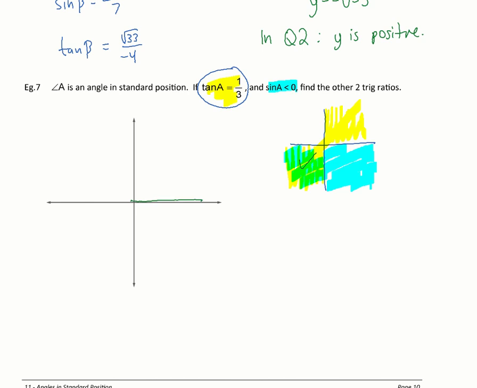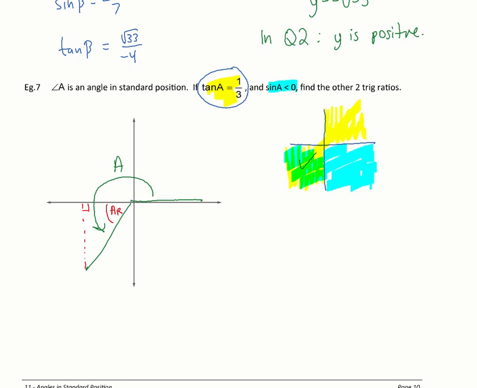So let's draw our angle and call it A. Alrighty, so there we go. There's our reference triangle. We're going to put A sub r for our little reference angle in there. Now, how do we label the sides?